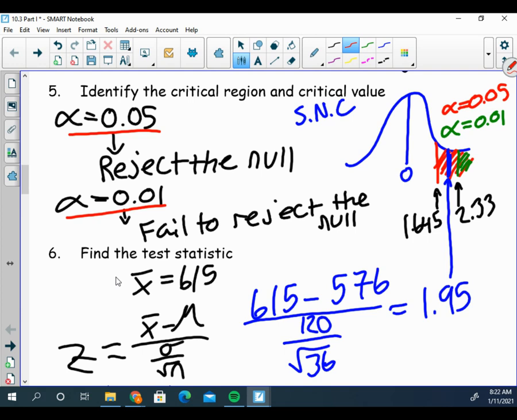But what if I said alpha was 0.03 or 0.02 or 0.04? Would we end up rejecting the null? What you can see really, really quickly is that if I keep changing the significance level, it becomes incredibly tedious to run this test over and over and over again.